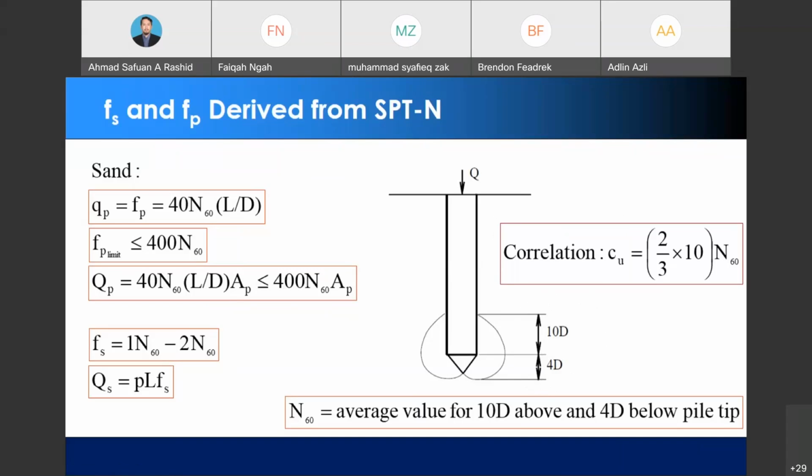Maksud 10D tu diameter dia kalau diameter 1 meter, maknanya daripada tip sampailah 10 meter, okay, we need to get the value for the SPT, get the average, okay, and then daripada tip sampai ke 4 meter di bawah, get the information, and then get the average between 10D and 4D. Okay.